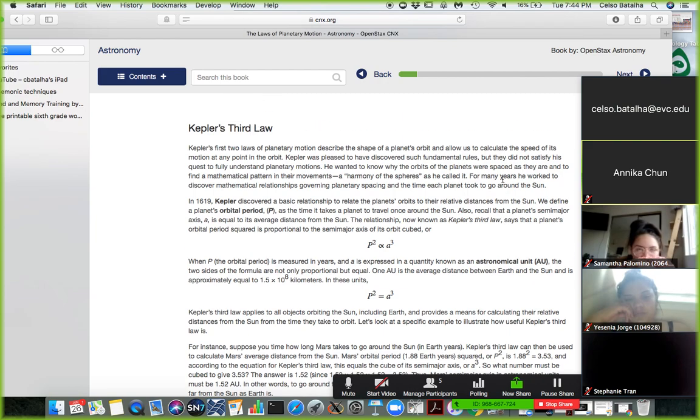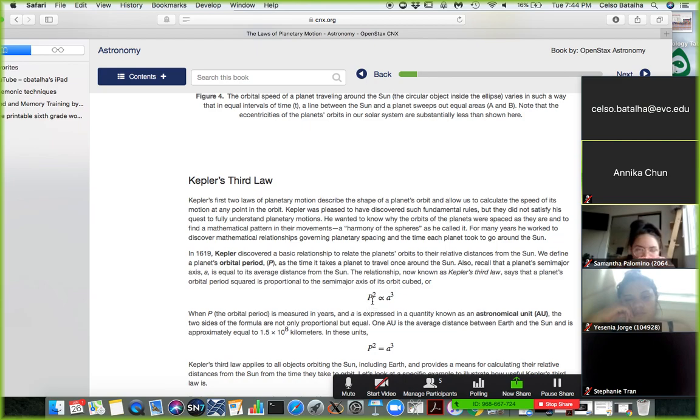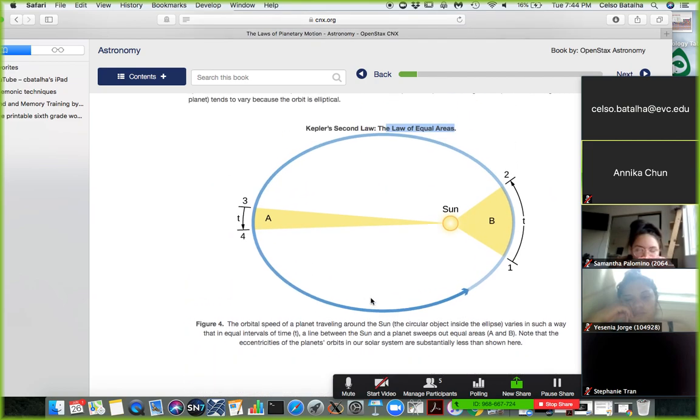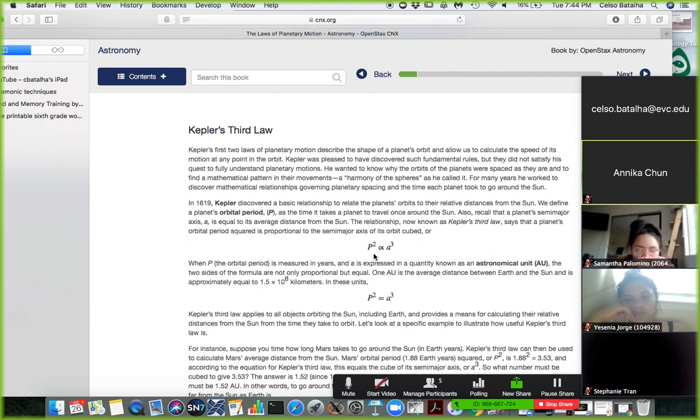And the third law of Kepler is more of a mathematical law that says P squared is equal to A cubed. P is the sidereal period in units of Earth years. So what is this sidereal period of our planets? It is the time it takes the planet to complete an orbital turn around the Sun. All the planets obey this relation quite well.